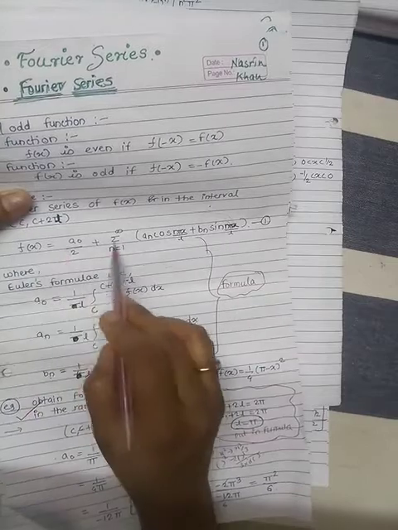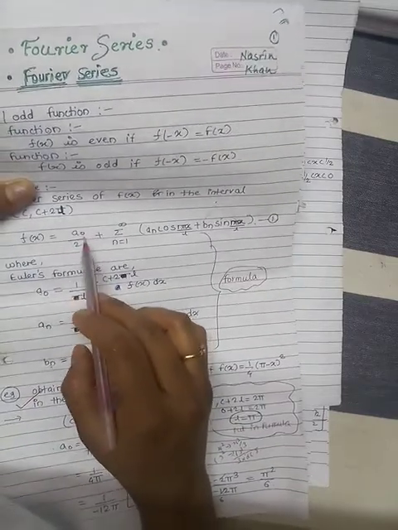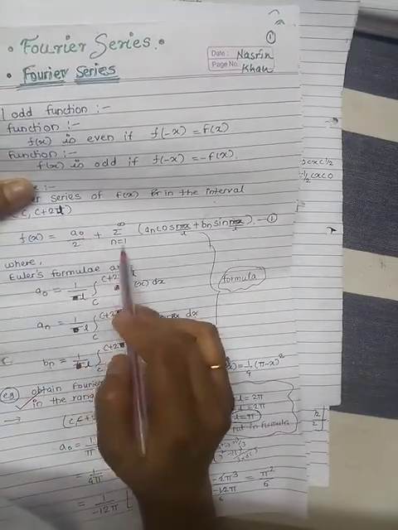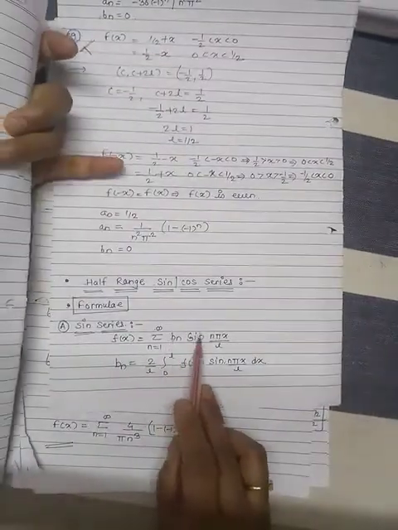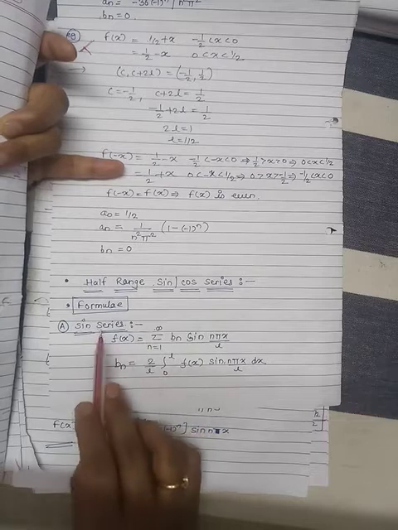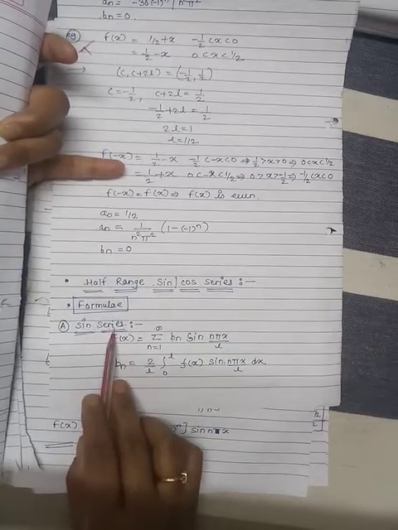So the other terms we don't have to take. So f x equal to summation n equal to 1 to infinity b n sin n pi x by l. So this is your Fourier series for sine series, half range sine series.